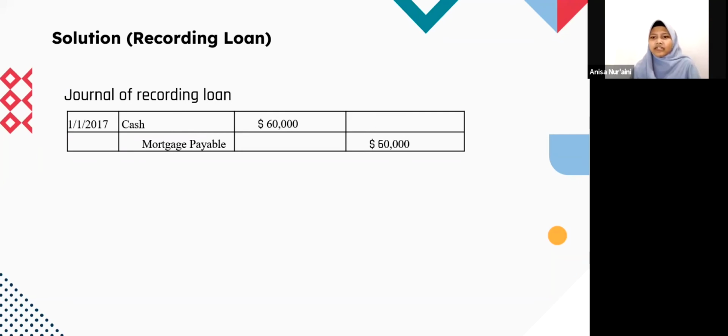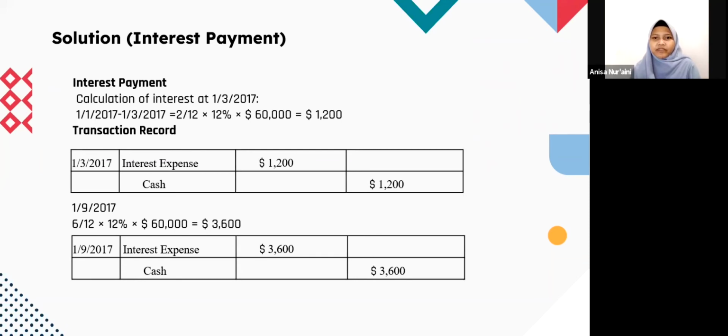Next, this is the solution to that case. The journal record is cash on debit and mortgage payable on credit for $60,000. Next, this is the calculation of interest payment on the 1st of March 2017: 2 per 12 times 12% times 60,000 equals 1,200.